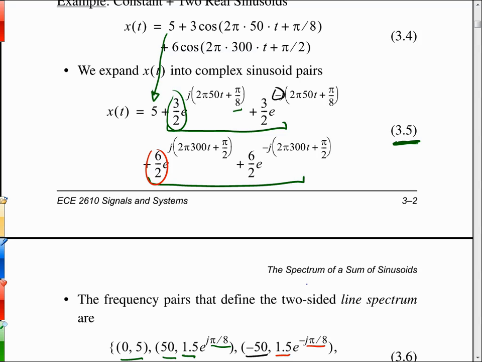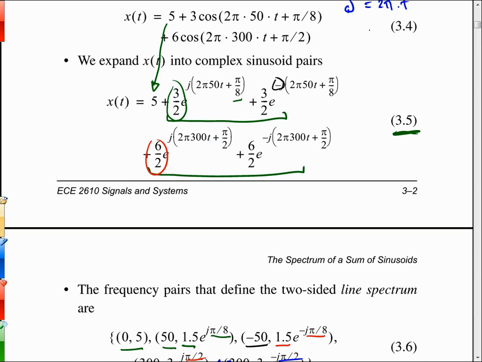If omega is 2 pi times f, right? I think I see what the problem is between the book and what I did. I have the 2 pi already factored out of here, and that's definitely frequency in hertz.